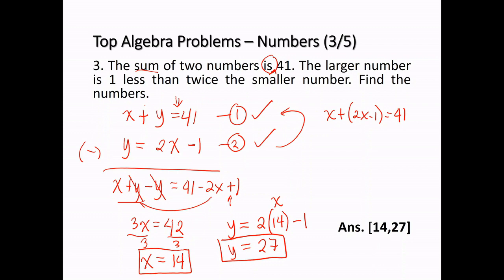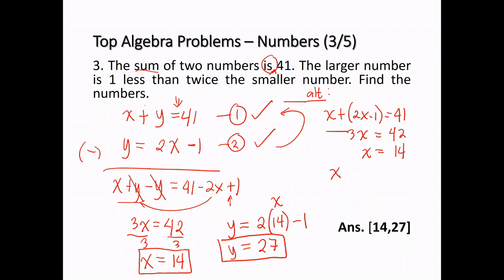So we have 3x minus 1, and minus 1 transposed to the other side gives us 41 plus 1 or 42, and we have derived the same x is equal to 14. And then the same method, we can use x plus y.